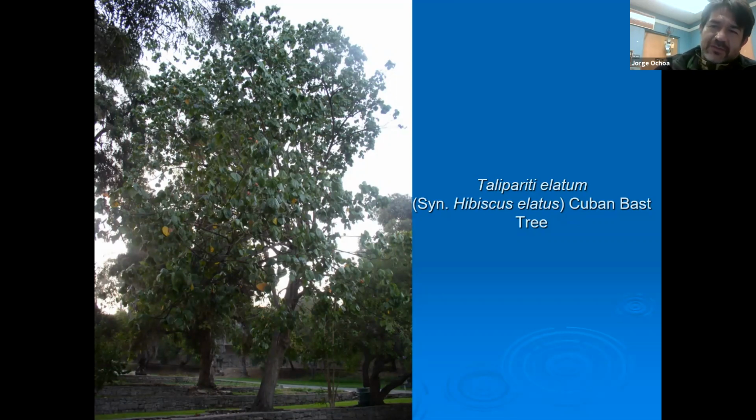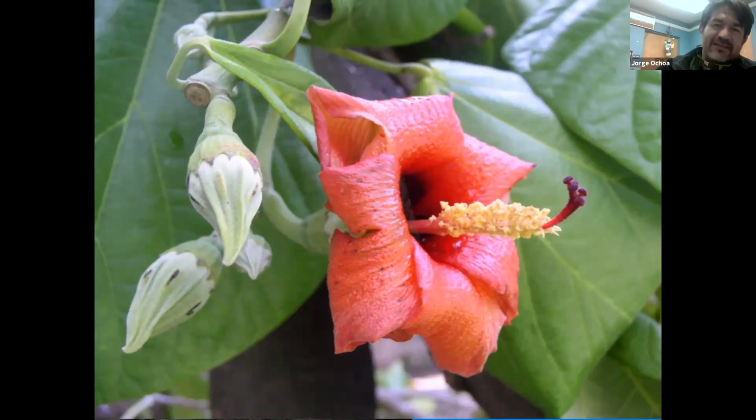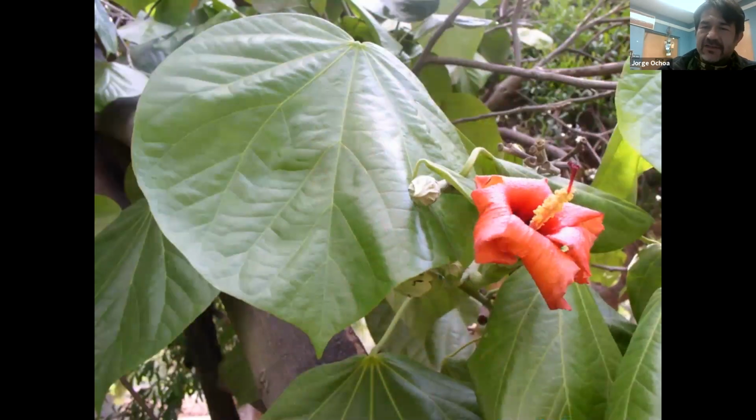And then while I was working with the Department of Recreation and Parks for the City of Los Angeles, they were growing in Elysian Park a Hibiscus elatus in the old days, and then it became Talipariti, which is known as Cuban bast. So this is going to be a very large hibiscus-like tree, and it was very unusual to see. There are not that many planted here in Southern California.